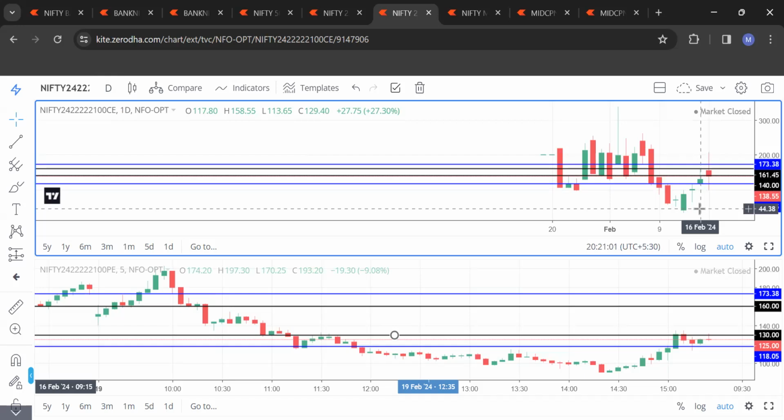So 22,100 call side. 158.55 was the high. I'm just showing you the way of calculation. It by no means will show you this figure. Why? Because this calculation is made today morning.